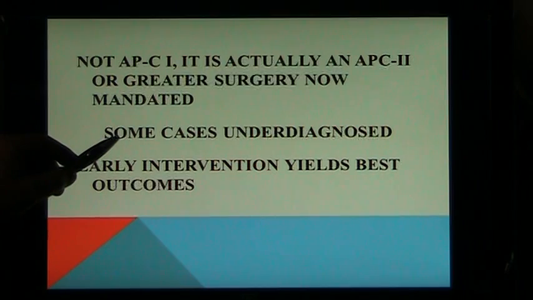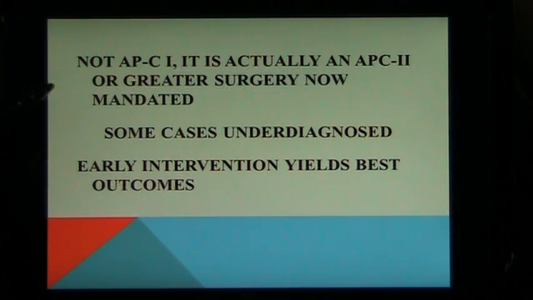Some cases are underdiagnosed. Some people don't have the knowledge base about these kinds of injuries, because if you'll recall, a very small percentage of the population go on to have long-term diastasis. Recall earlier that I was talking about how at times an APC classification 1 injury is actually an APC 2 or greater, which then moves them into a surgical category.